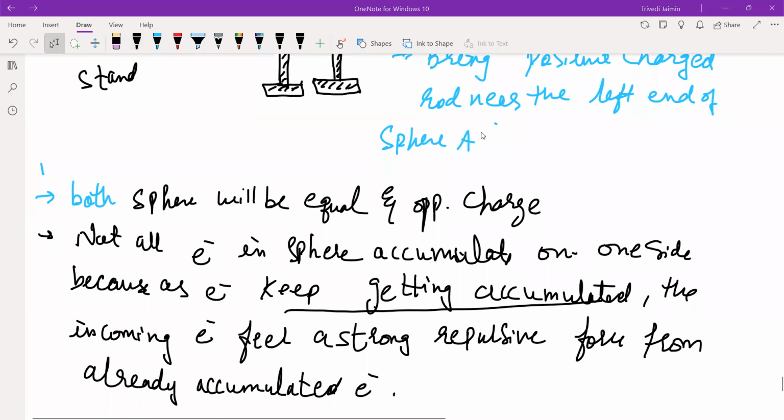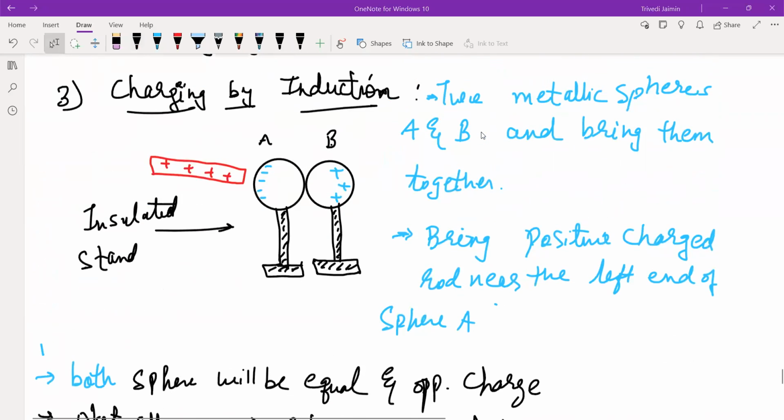Okay. See, as we drew here, suppose negative, forget this B part. B part is not there. We are just inducing on A. So negative is induced. Keep on inducing. Now some more negative electrons are traveling here, and already some negative electrons are present.